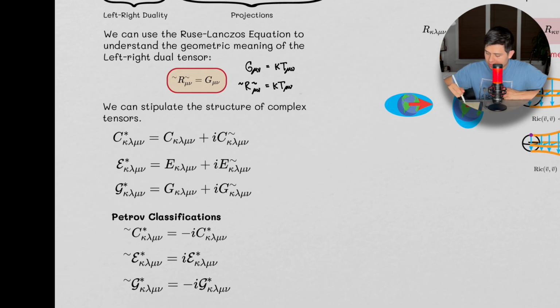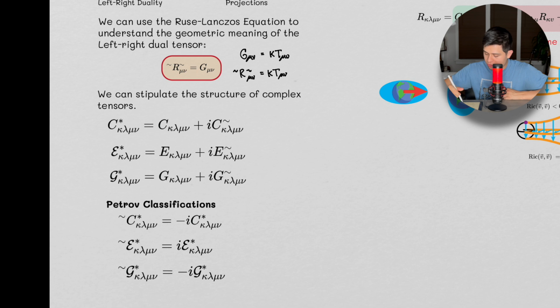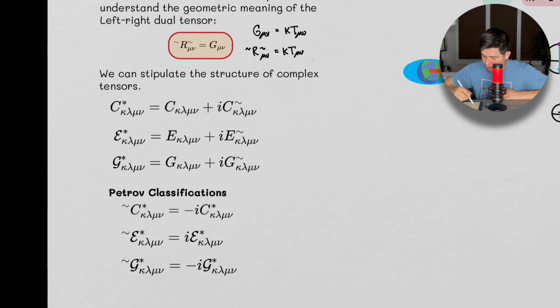So we could stipulate the structure of complex tensors, where we say the right dual of these tensors is the complex part of these more general tensors. And what this gives us is Petrov classifications of these tensors, right?